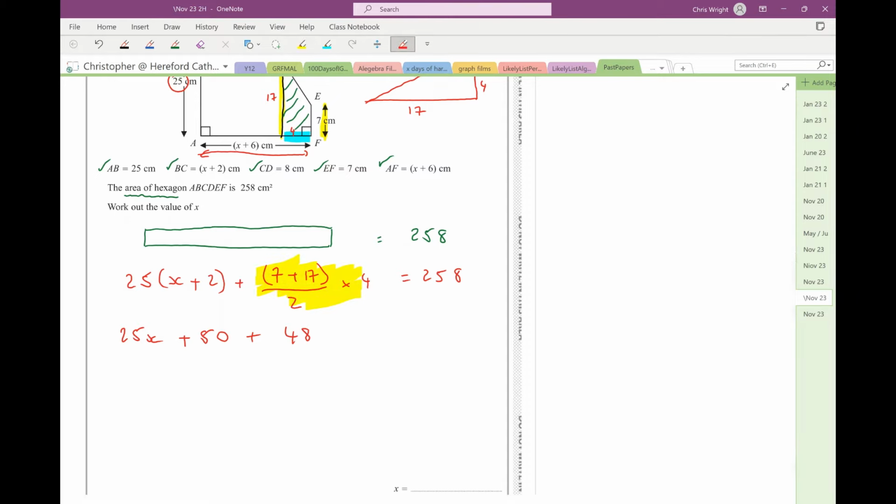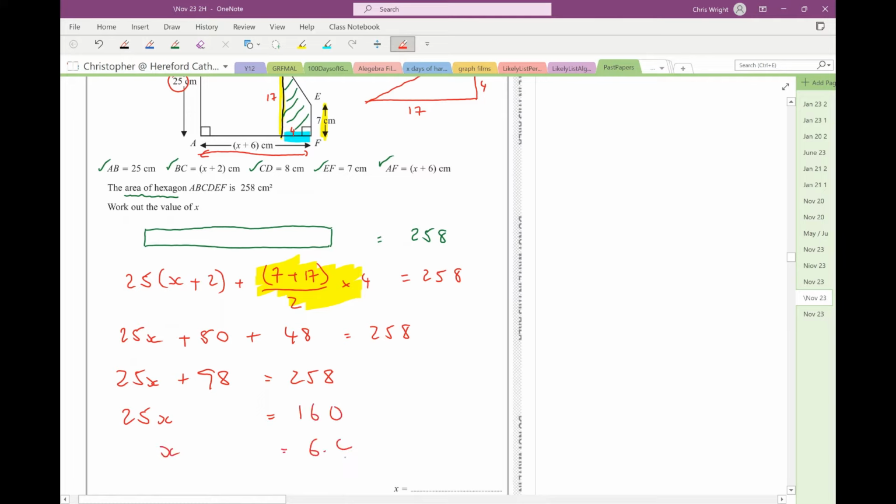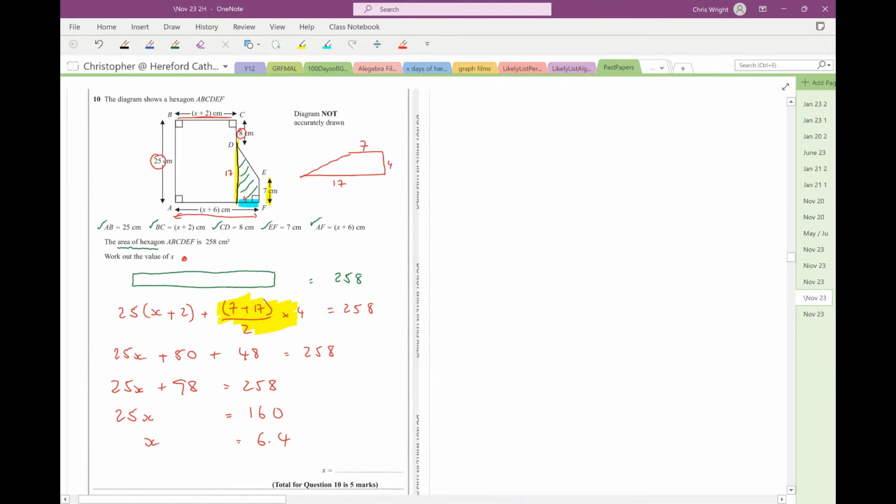And that's going to equal 258. Right, let's tidy up the left-hand side. 25x + 50 + 48 is 98, equals 258. Subtract 98 from both sides, and 25x = 160. Divide both sides by 25, and x is 6.4. And it asked me to work out the value of x, and that's what I've done.